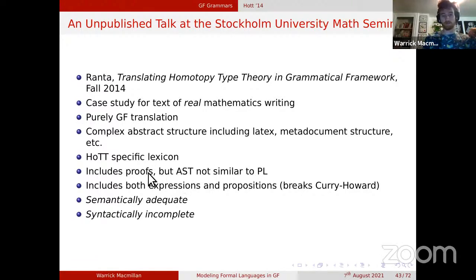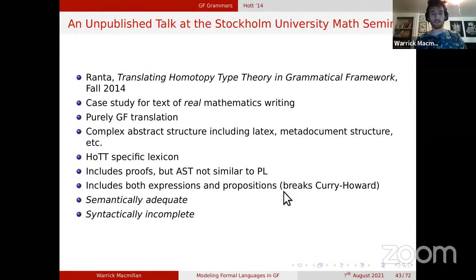It includes proofs, but the abstract syntax trees are not similar to those of terms in a programming language, because they're accommodating certain natural language phenomena that you don't need to in a programming language. So it distinguishes between expressions and propositions, and in some sense breaks the Curry-Howard correspondence in doing so.